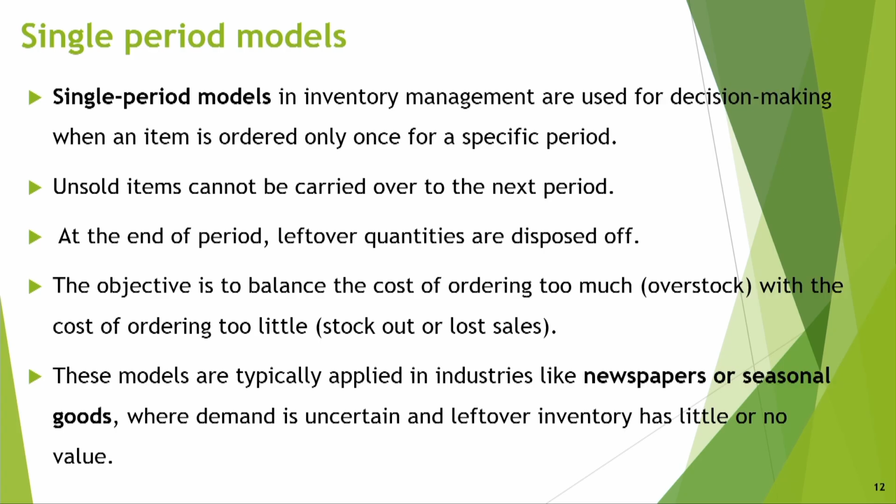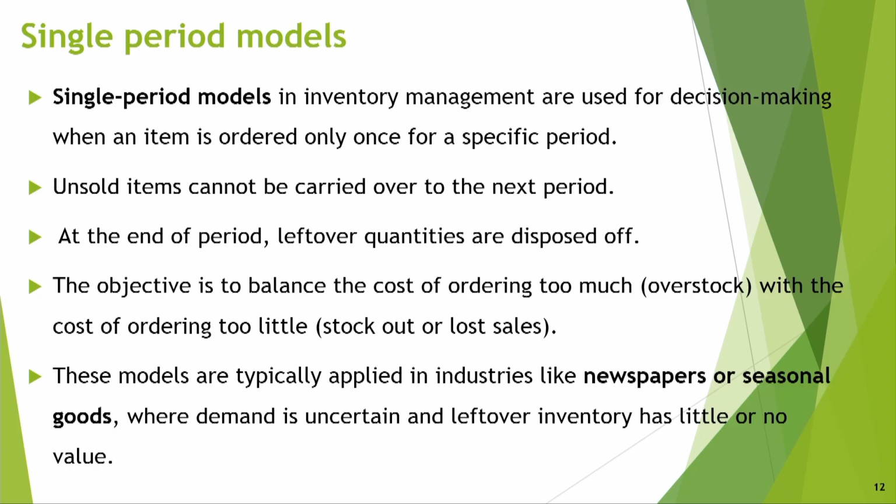So, if he has some idea about demand, and demand is variable, then based on that he has to decide how much to order. It is somewhat a different way, but there is much similarity with our inventory management system.